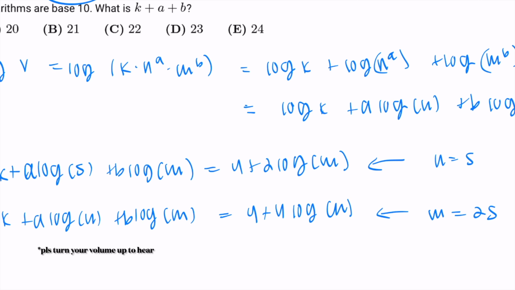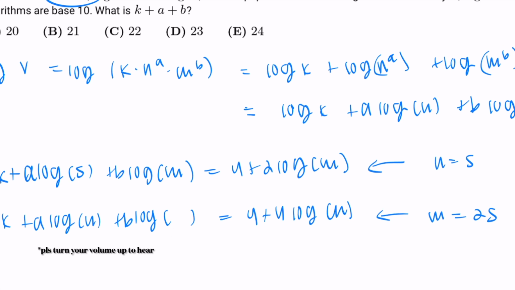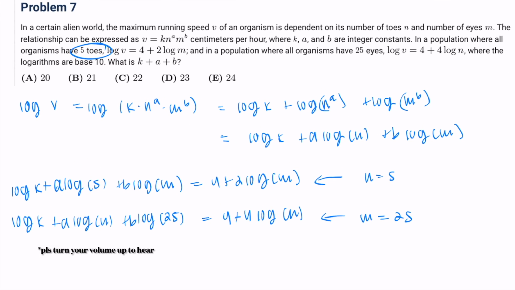And instead of writing m here, we can write 25. So now we have one equation solely in terms of m and one equation solely in terms of n. For the first equation, it has to be true no matter what value of m we plug in to represent number of eyes. And similarly, the second equation has to be true no matter what value of n we plug in.